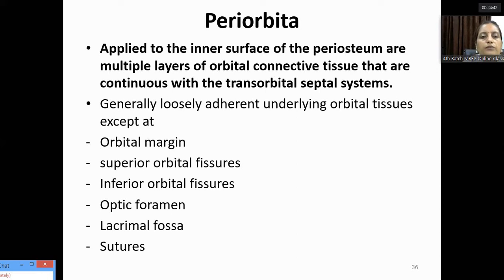Periorbita is applied to the inner surface of the periosteum, and it is multiple layers of orbital connective tissue that are continuous with the orbital septal system. It is generally loosely attached to the underlying orbital bone, but tightly adherent in some parts, except at the orbital margin, superior orbital fissure, inferior orbital fissure, optic foramen, lacrimal fossa, and sutures, so that other structures can easily transmit through them.